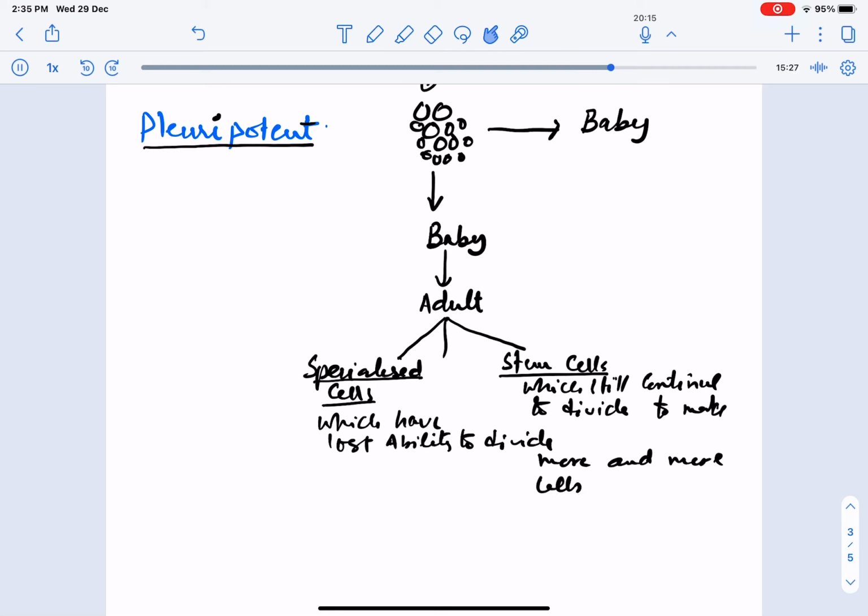These stem cells are present in some parts of the body, like in the bone marrow, in the skin, and are known as multipotent.